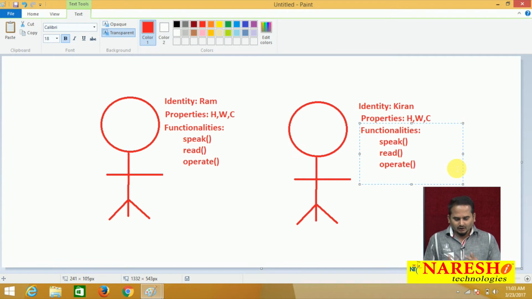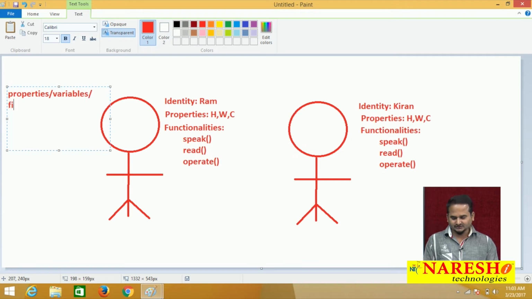Now we have different terminologies for properties. Sometimes we call them properties, sometimes variables, sometimes fields, sometimes instances, sometimes state, and sometimes attributes.